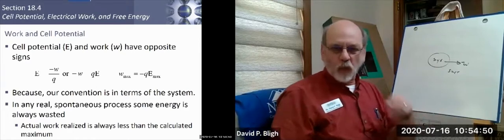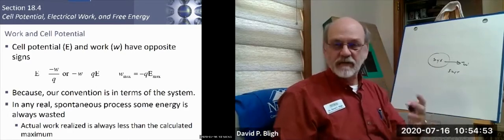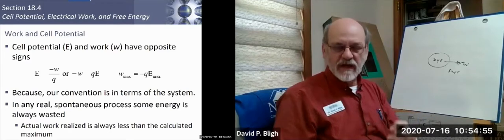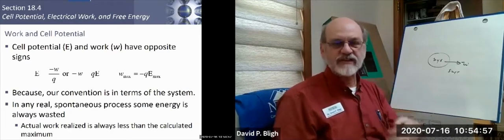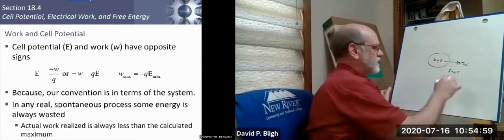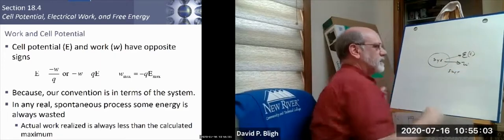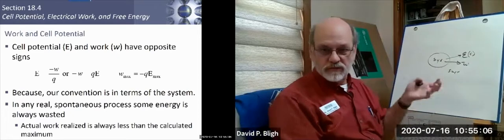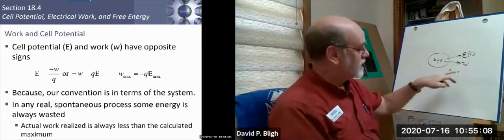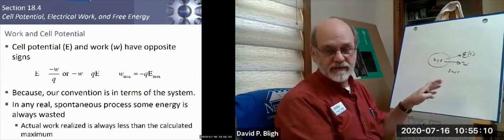But in order to get work to be done by our galvanic cell, the voltage has to be positive. So for sign convention, we have to change the sign.